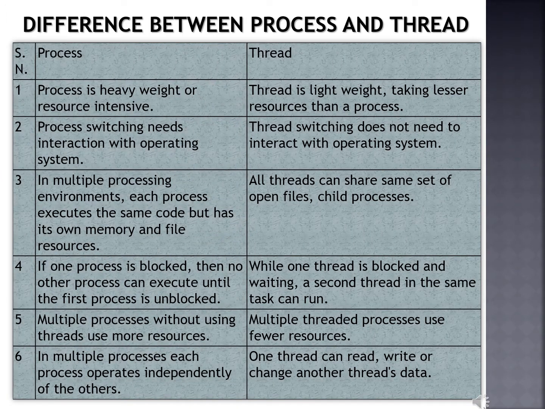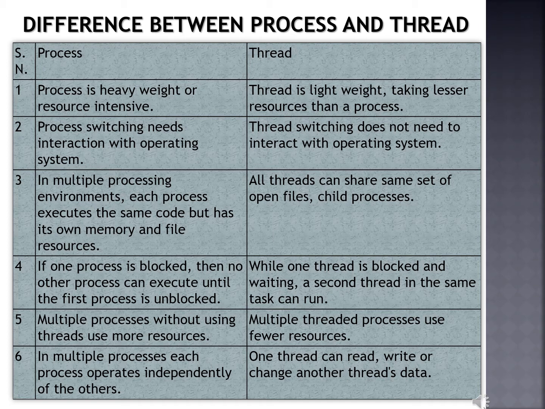Now, one of the most important questions in this chapter: the difference between process and thread. Process is heavyweight or resource intensive. Thread is lightweight, taking fewer resources than any process.